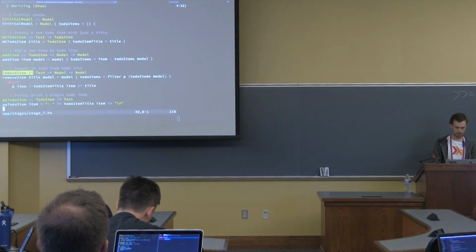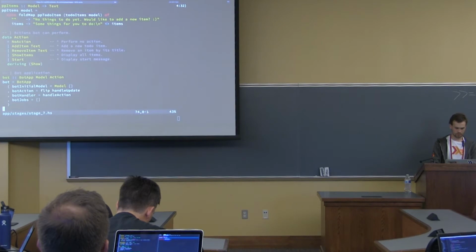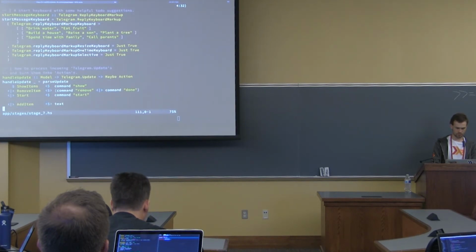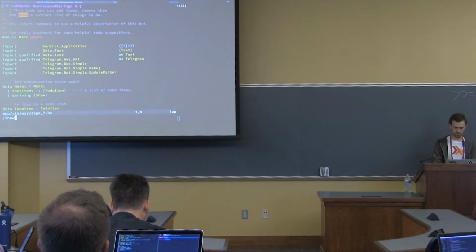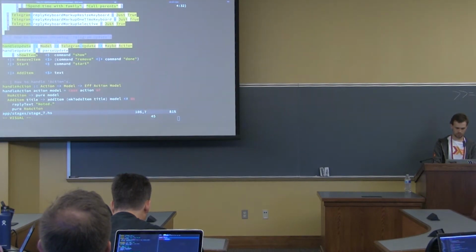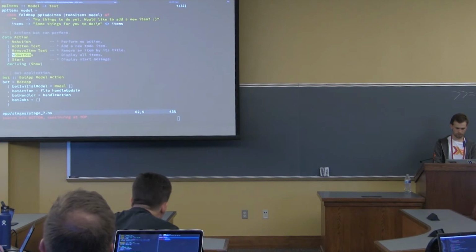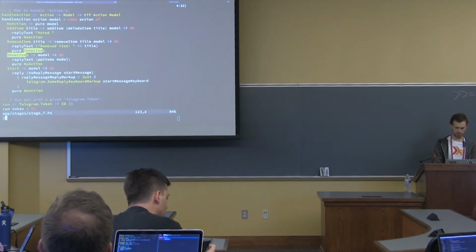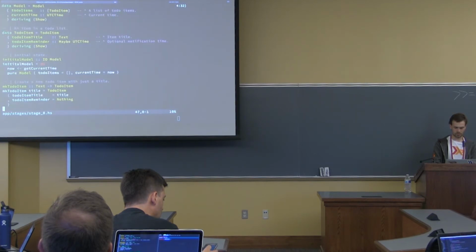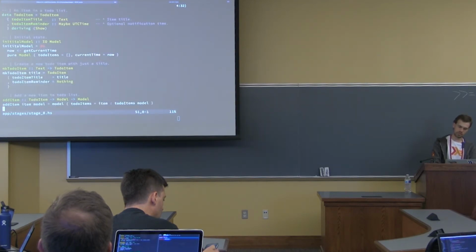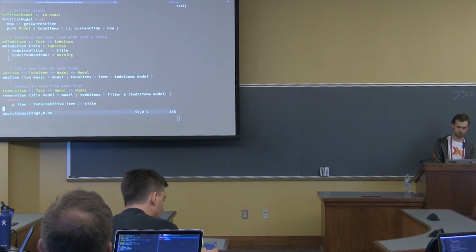Let me see where I have it. Show items. Where do I have show items? Okay, project print. So here in stage 8, let me just go through the code in stage 8, not just copy that.